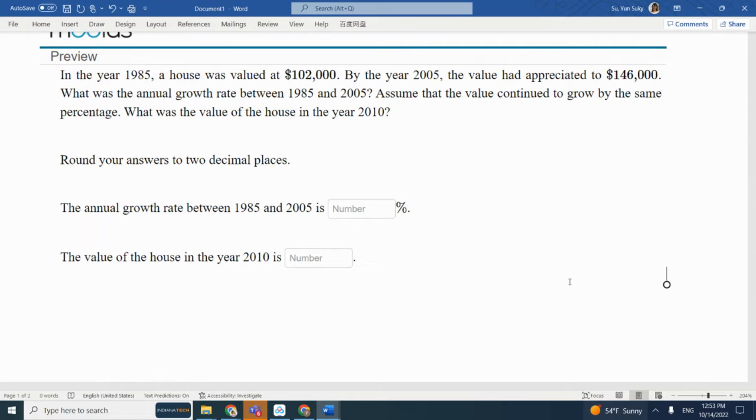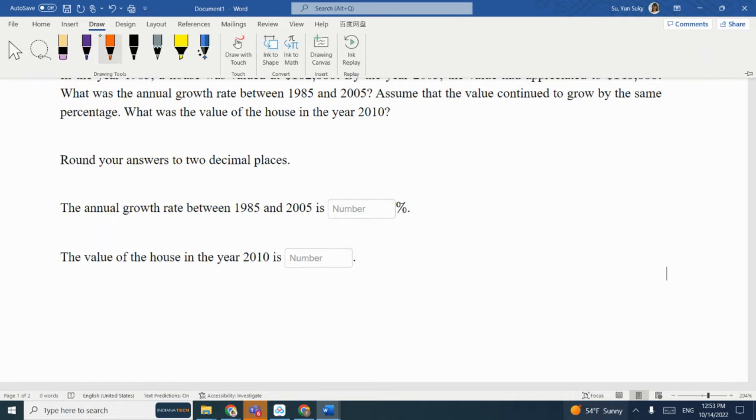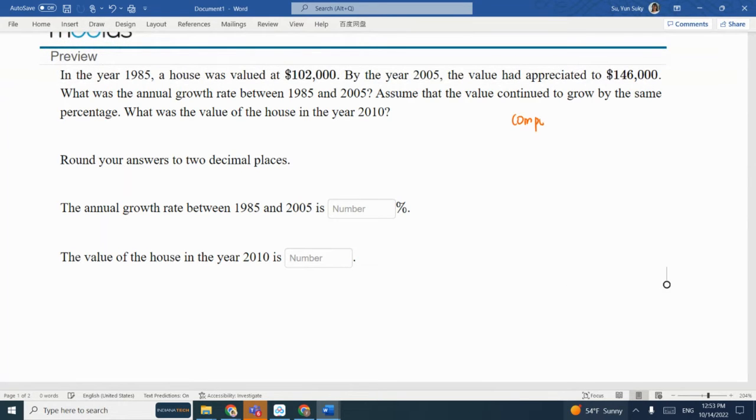Last time we talked about the compound interest model. Do you remember that? Let me write it down here. The compound interest model, if you can remember, is A equals P times (1 plus r over n) raised to the power nt, where r is the annual interest rate and n is the number of compoundings per year.